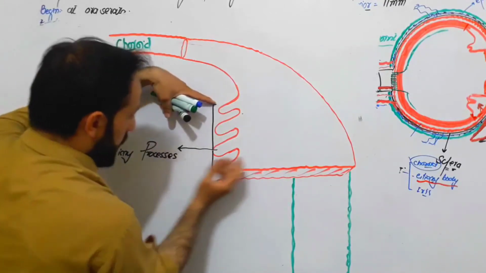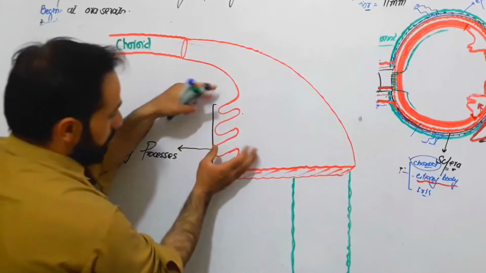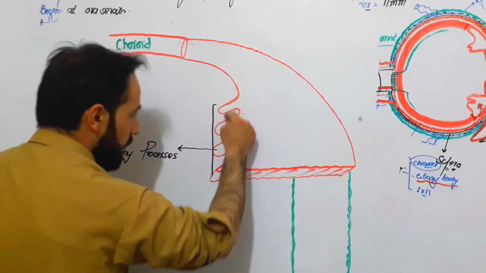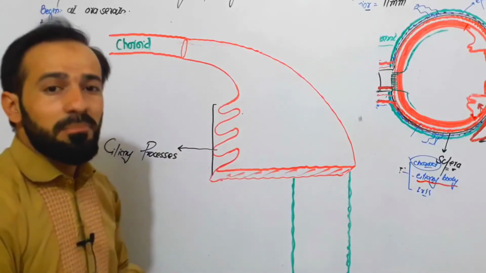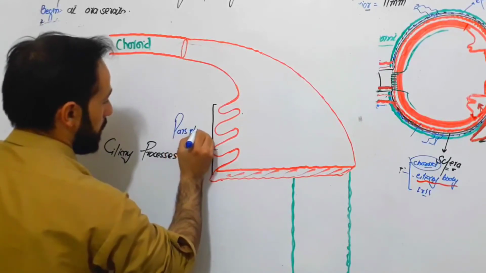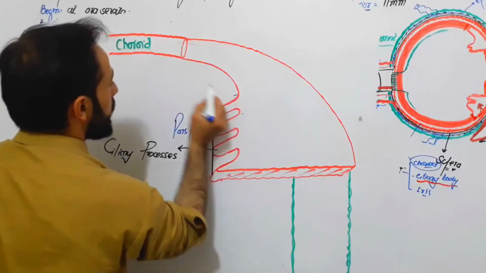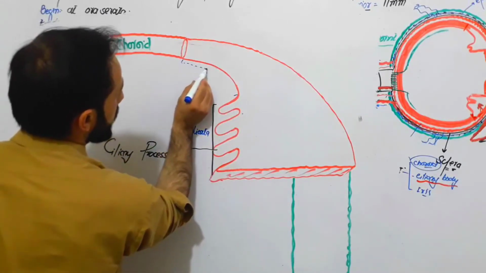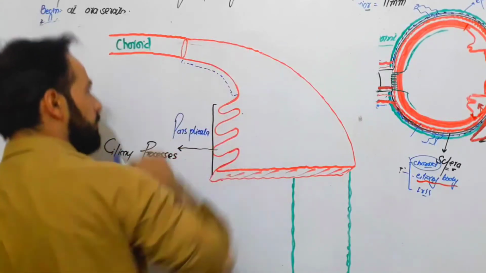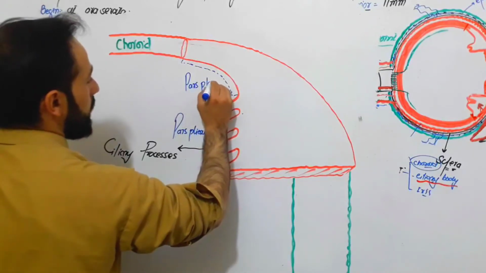And this interior one third part of the ciliary body, which has these plications, which has these ciliary processes, is called the pars plicata, right? And this posterior part which has no plications, which has no ciliary processes, is called the pars plana, right?